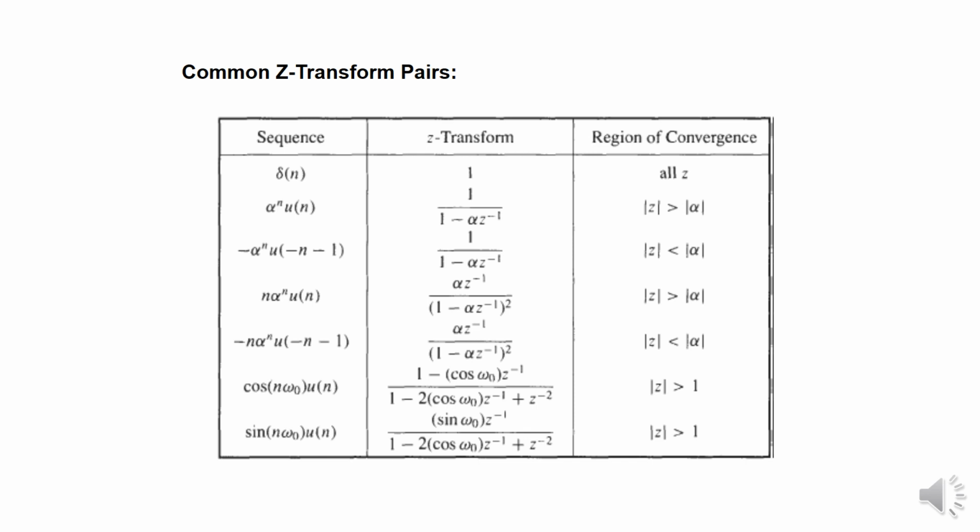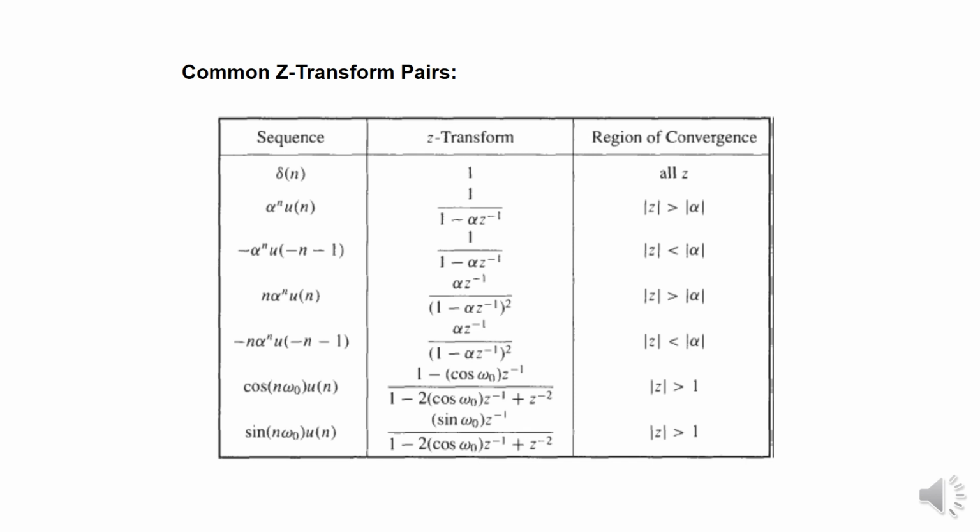Then you have a^n u[n], and the Z transform of that, for the region of convergence magnitude of z larger than magnitude of a, is equal to 1 over 1 minus a z^-1. So the inverse Z transform of 1 over 1 minus a z^-1 is a^n u[n].